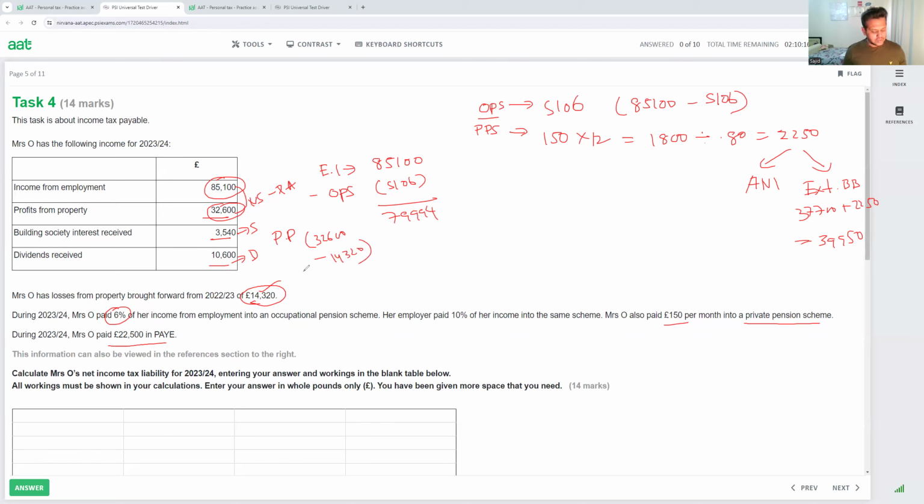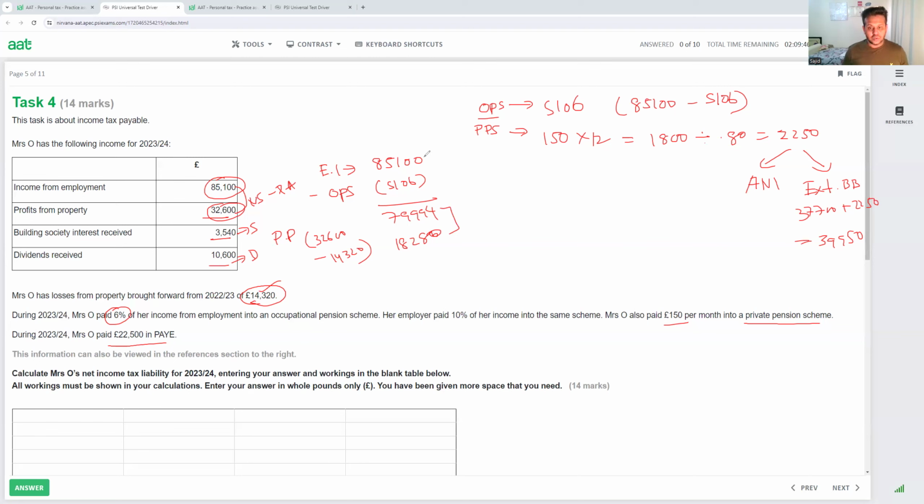So 32,600 minus 14,320 gives me 18,280. These two are my non-savings. Remember that property and employment are non-savings. It's very important to remember that, because these two will tell us from where we need to minus our personal allowance.